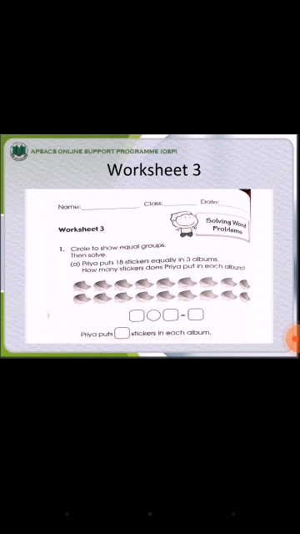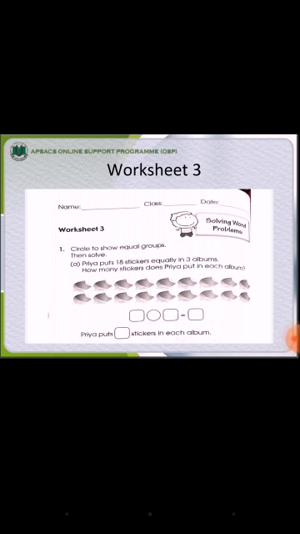Worksheet number 3, solving of word problems. Question number A is, Priya puts 18 stickers equally in 3 albums. How many stickers does Priya put in each album? Then divide 18 with 3 to find out the number of stickers in each album.